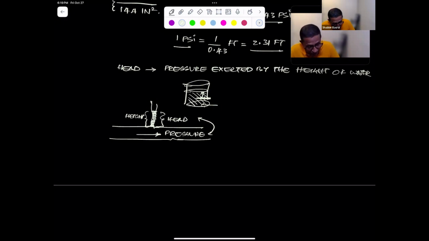So if I have a tube on top of this pipe, the height of the water that is going to be in that tube is going to be a function of how much pressure is in the pipe. Okay.